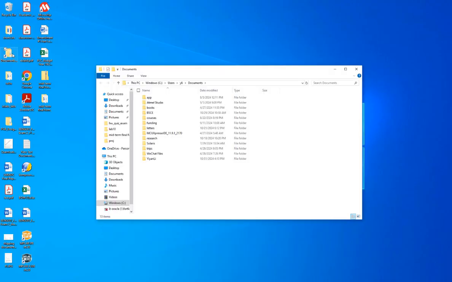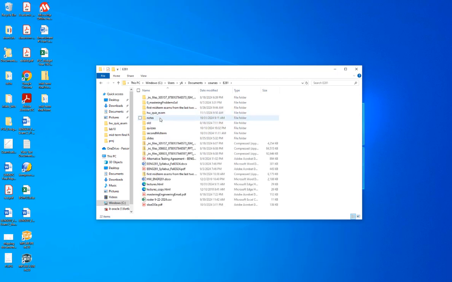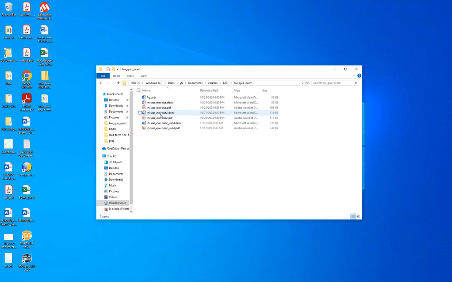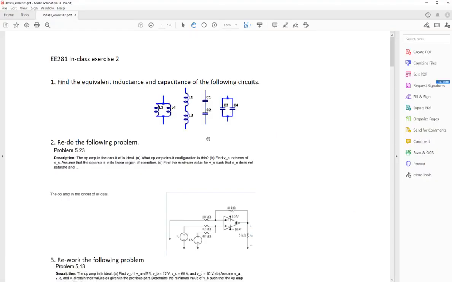The hard copy is just 1 page, just 2 problems. I have another hard copy with more problems in there. You need to know both, okay? This one. All right, that's the right one.